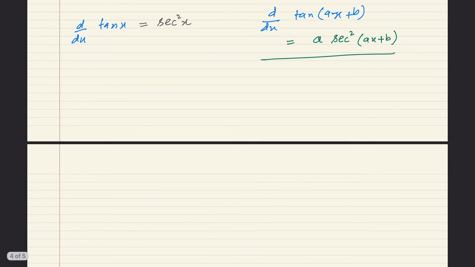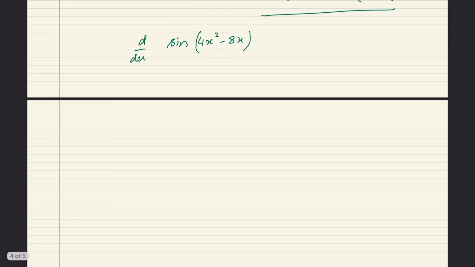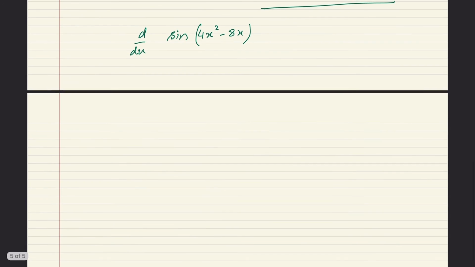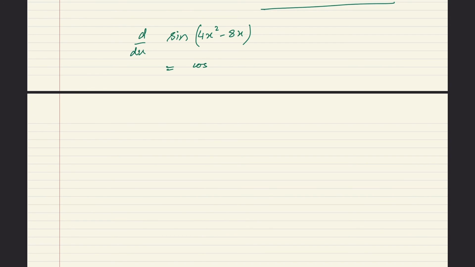So quickly, I'm just going to take only one example. For example, we have sine of 4x square minus 8x. This is the angle. So how do we differentiate it? We know that the derivative of sine is cos. So first of all, we will write this is equal to cos of 4x square minus 8x.